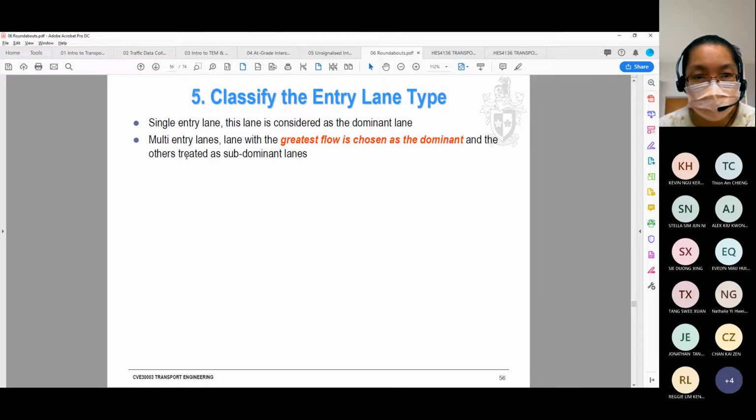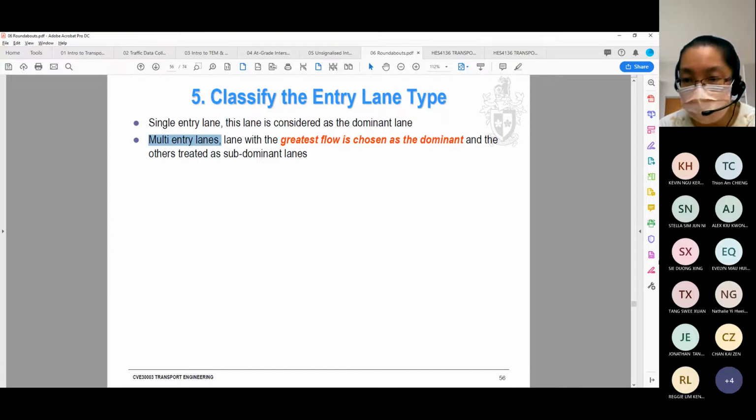As we specified earlier, if it's single lane, there's just a dominant lane. But if it is multi-lane, then we have to determine the dominant and subdominant flow, and the greatest flow is chosen as the dominant flow.